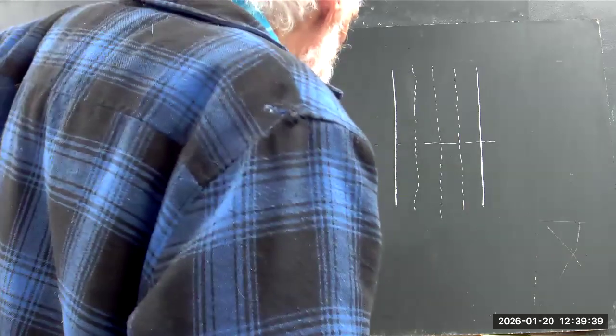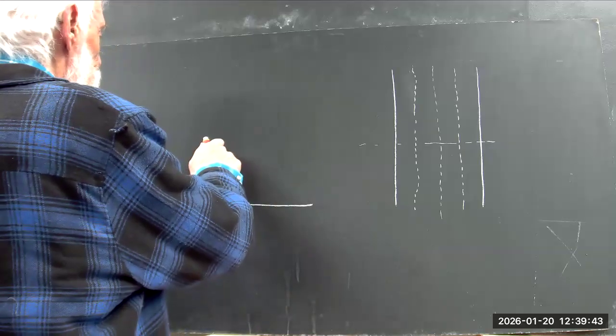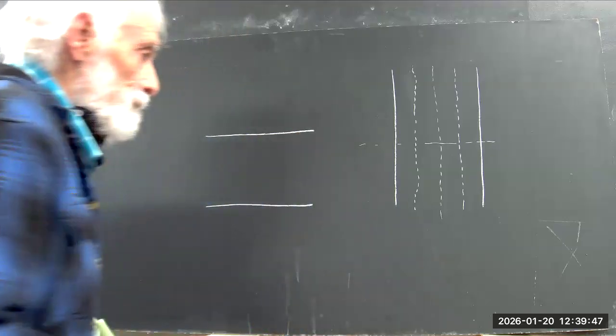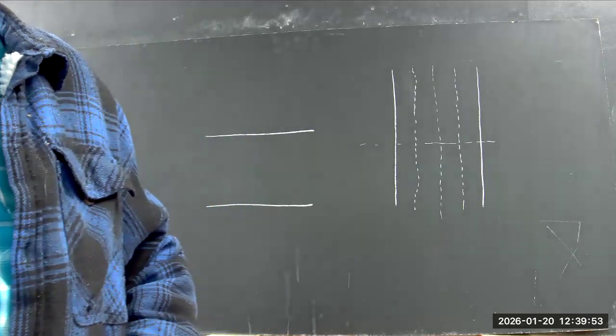All right, now, once you draw two horizontal lines, make them at least 3 inches apart. And then a line halfway between.